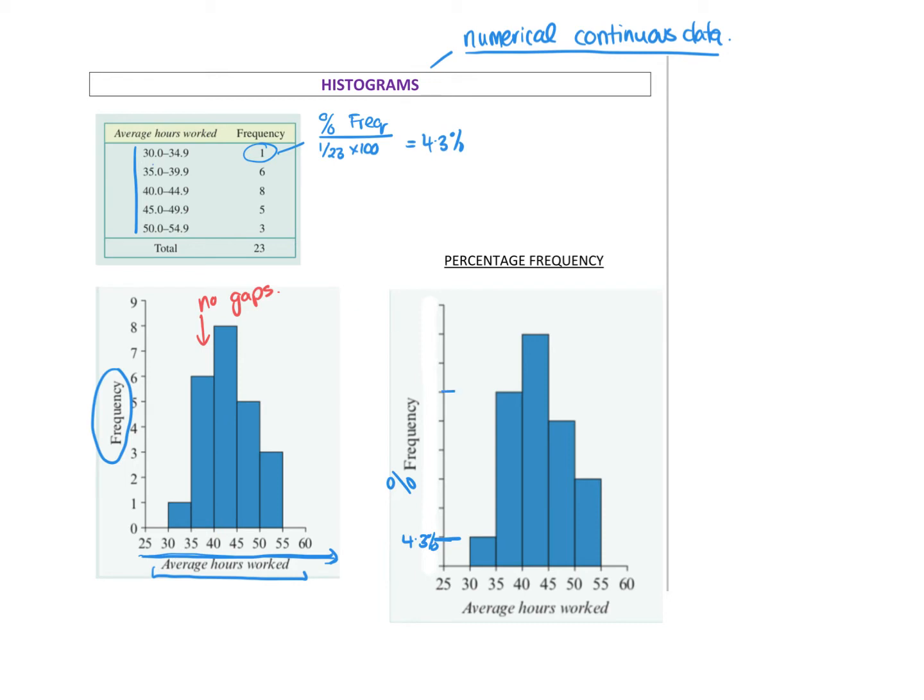And say this one, if we converted this to a percentage, it'd be 26.1%. So you'll see that this ends up being around the 26 mark and so on. And this top one was 34.8%. So that's where you could have a percentage and it'll just match like that.